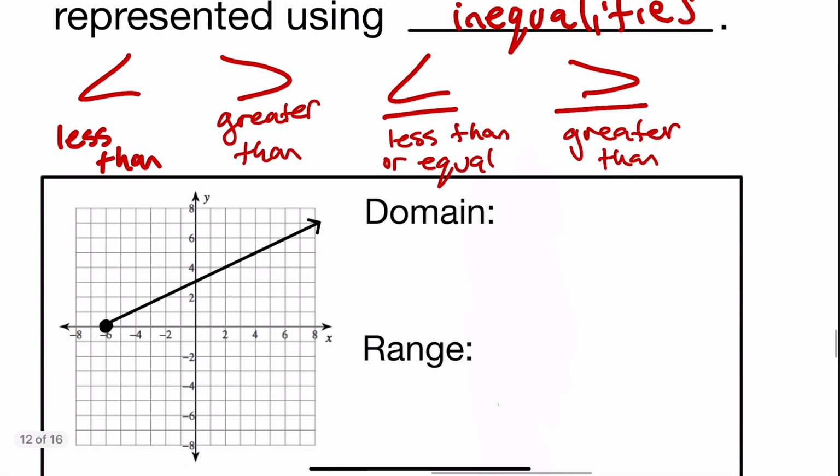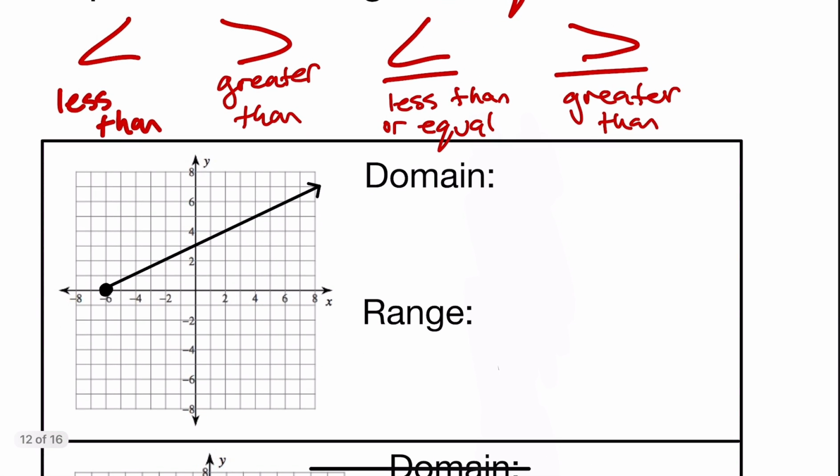Okay, so like I said, we're going to use these inequalities to do our domain and range. I'll still use the same colors here just so that we don't get lost. But our domain and range is going to look a little bit different. Recall, your domain is going to be all of your X values, so I'm going to start with an X here. Now, I'm going to look at the values that are on this line. So I see that this function has a starting point right here, and that's at -6.